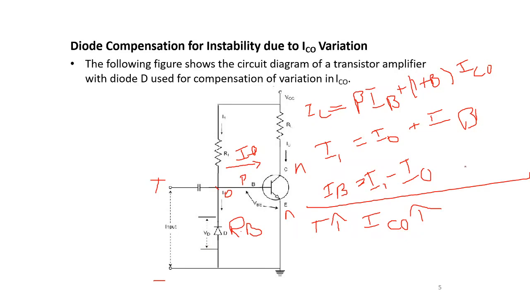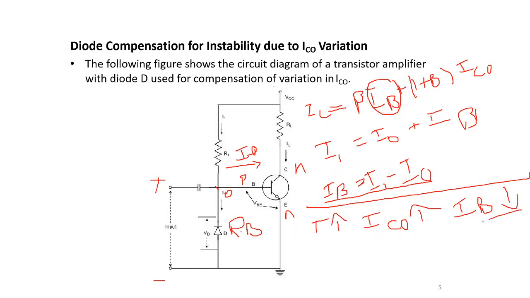With respect to the equation, whenever ICO increases, where we have the chance to compensate is with the IB current. That's why we have placed the diode with respect to the base-emitter terminal. The IB current we already calculated is I1 minus I0. Whenever ICO has increased, we have to do the compensation such that the same amount of IB is decreased.